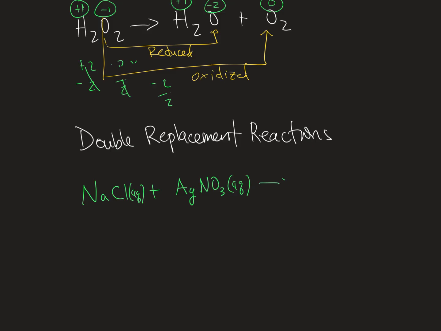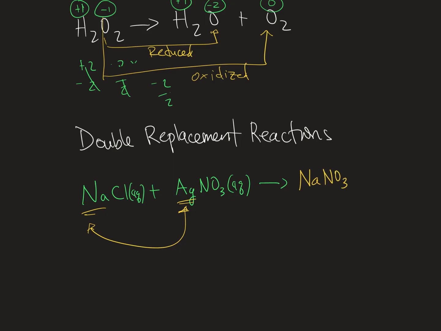And then what we get is the cations swap partners. So sodium hooks up with nitrate. To know the formula, sodium is 1 plus, nitrate is 1 minus. You cross the charges and you simplify, and you get NaNO3.